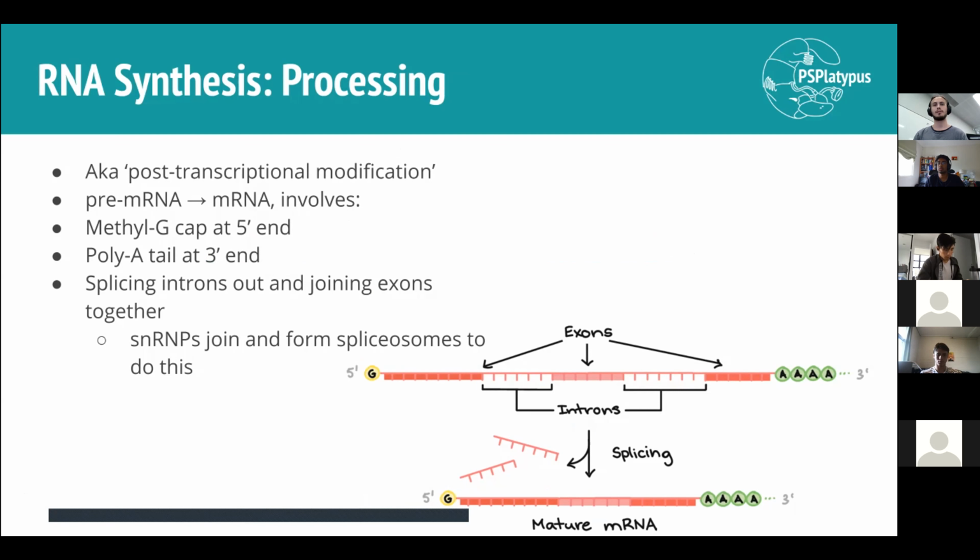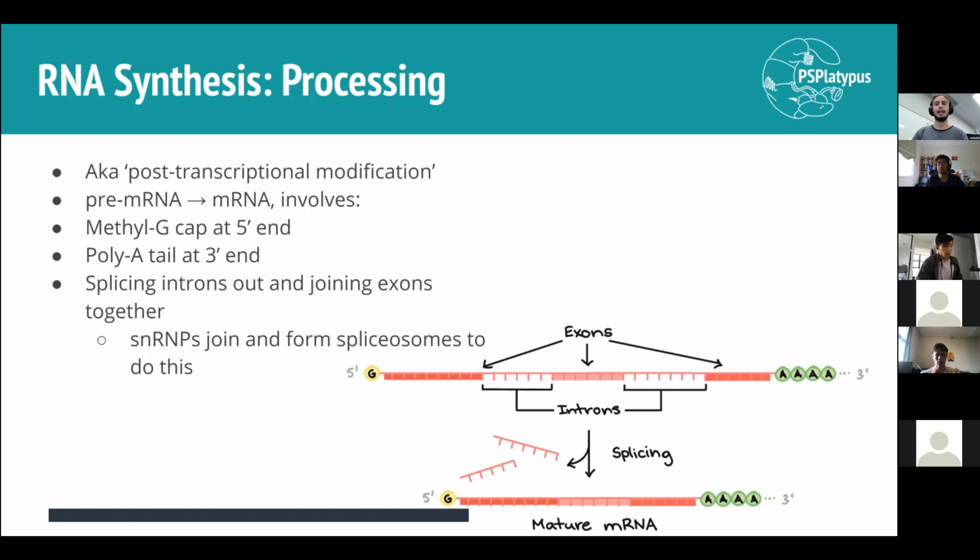So post-transcriptional modification: to turn pre-mRNA to mRNA, it involves adding a methyl G cap, or a methyl 5' G cap, at the 5' end of the RNA, and a poly-A tail at the 3' end. And that's to basically prevent or slow down degradation of the RNA, so it isn't just immediately broken down, because of the loose ends, those loose strings, sort of like on the DNA.